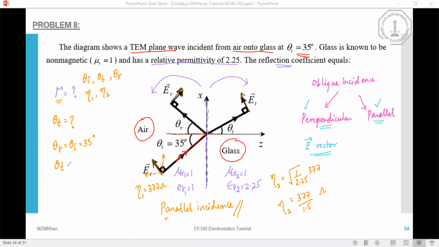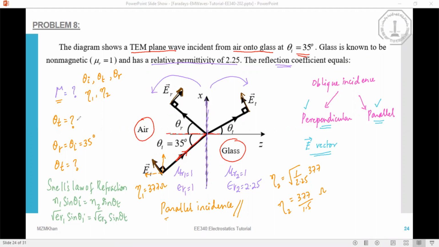Now we want to find theta T. How can I find theta T? I can find theta T from Snell's law of refraction, which says that N1 sine theta I is equal to N2 sine theta T, or root of epsilon R1 sine theta I is equal to root of epsilon R2 sine theta T. So epsilon R1 is 1.